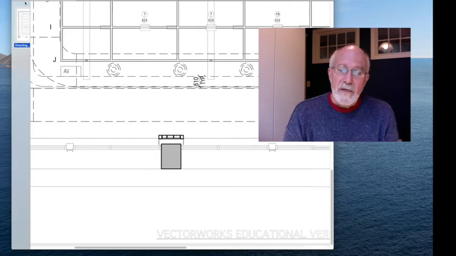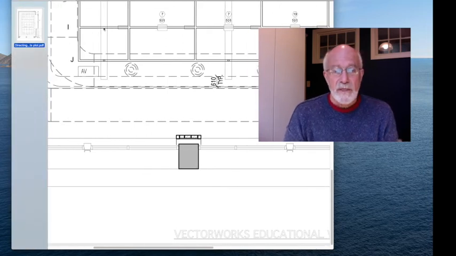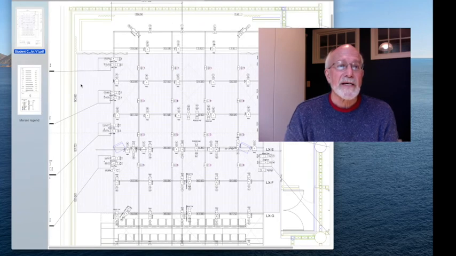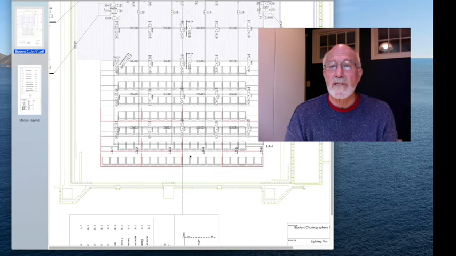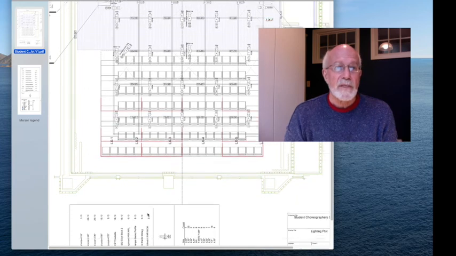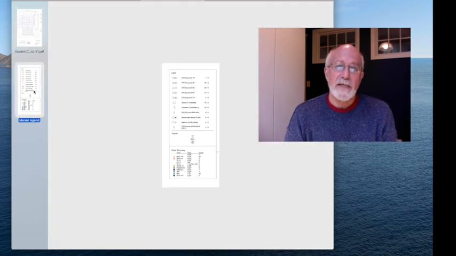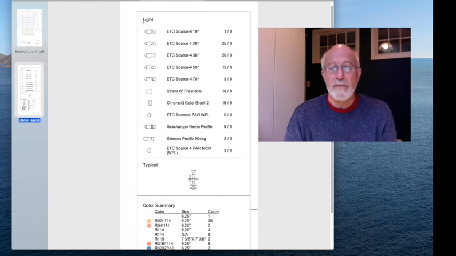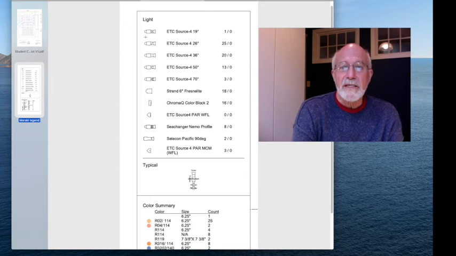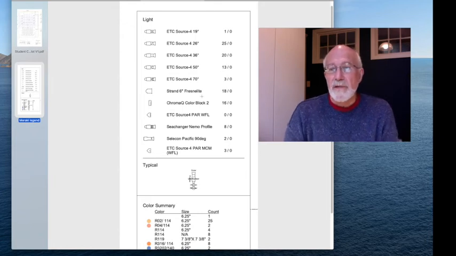All right, on the lighting plot, this would be represented by information, setup. Like here's a different lighting plot. This is the student choreographic one, and this is down here the legend, which I've simply captured and moved over, and it gives us quite a bit of information.